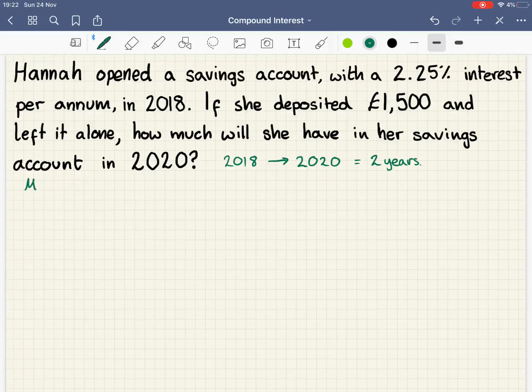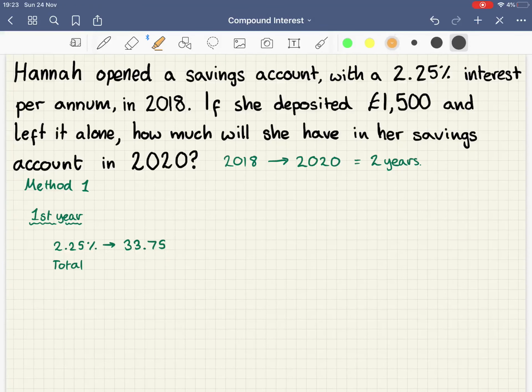So using method 1, and again, I'm just gonna be quick about it and highlight what you should be seeing for each part. So for the 2.25%, you should have got 33.75, and the total, whenever you see interest per annum, that is an increase, that is not a depreciate.